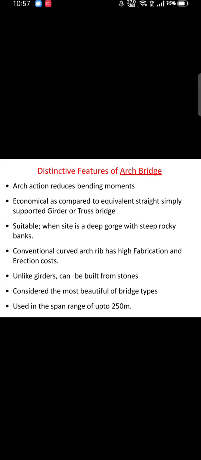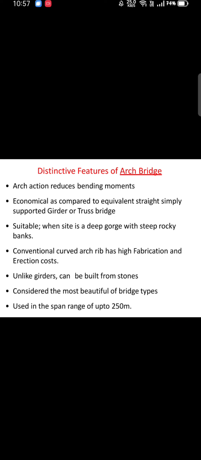Next is arch bridges. The arch action reduces the bending moments. It is economical when compared to simply supported bridges and truss bridges. When the site is a deep gorge with steep rock banks, then these arch bridges come into the picture. The conventional curved arch rib has high fabrication and erection costs.